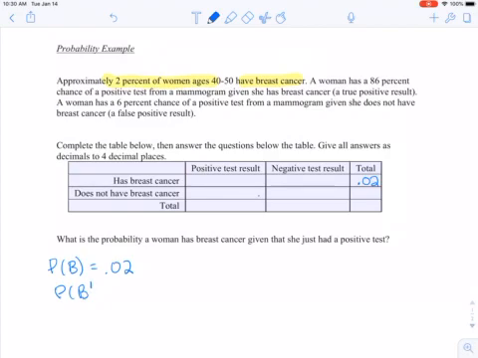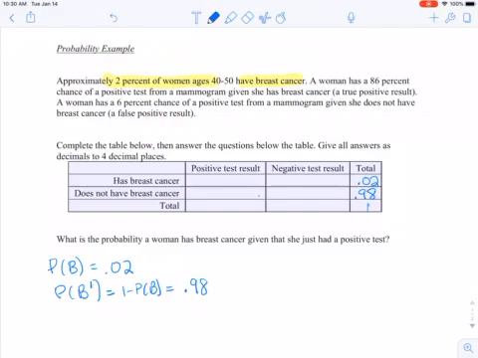We can use a little hash mark here or a little C. And the complement of that is always 1 minus that probability, right? So this is going to be 0.98 because we do 1 minus 0.02. Are you with me? Okay. So now if we add those together, our total should always be 1 here when it's just in the probabilities.